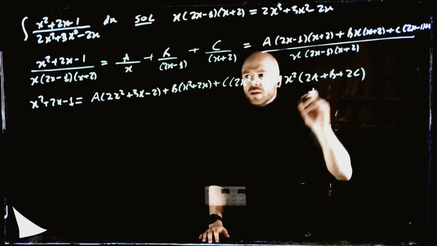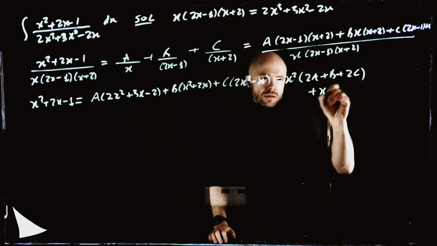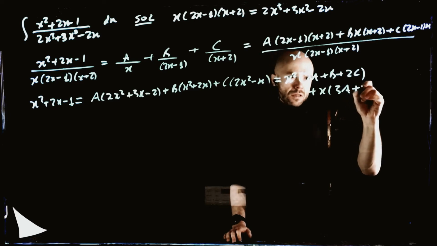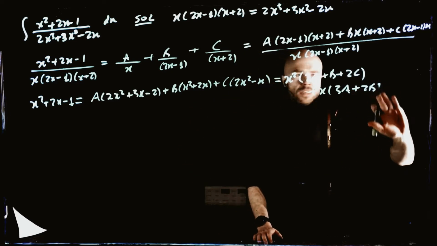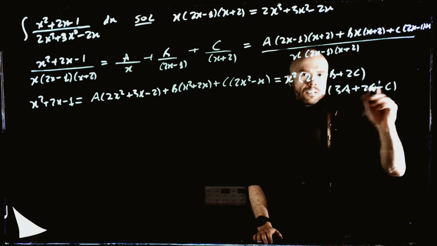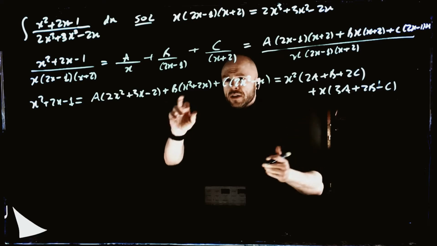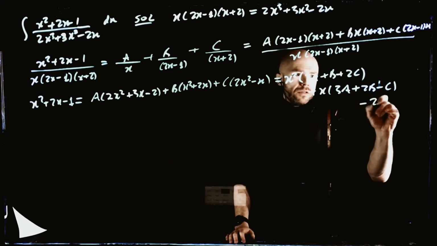And let's compare the coefficients with respect to x. We're going to have a 3a from this thing, a 2b from this thing, and a minus c from this thing. That's the coefficient in x. And finally, the coefficient in just the constant. There's only one constant, it's just this minus 2, so we're going to have just minus 2a.